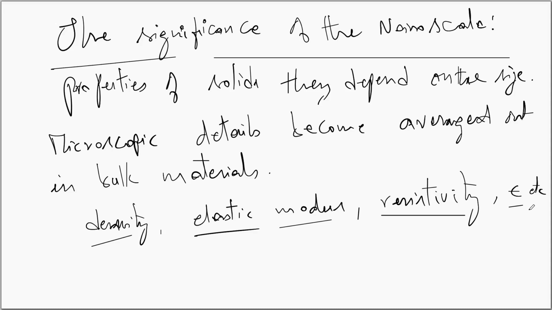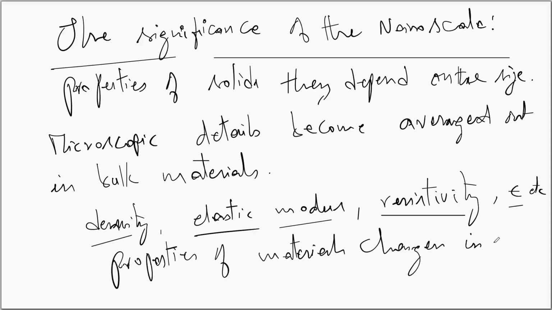Many properties of materials change in the micrometer and nanometer range. As the material becomes smaller and smaller, we notice that the averaging effect is no longer applicable. There we start observing the behavior of the material in its nanoform.